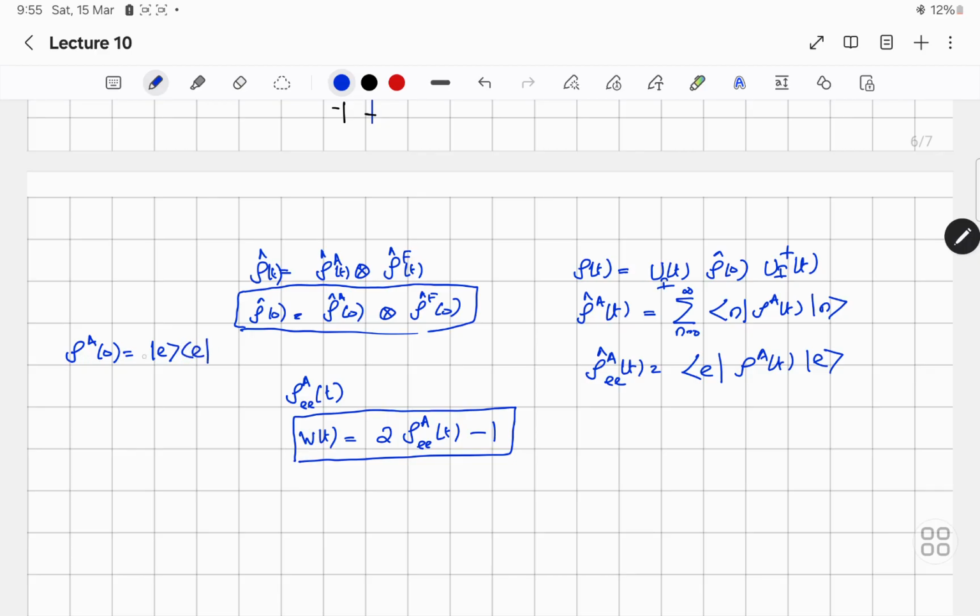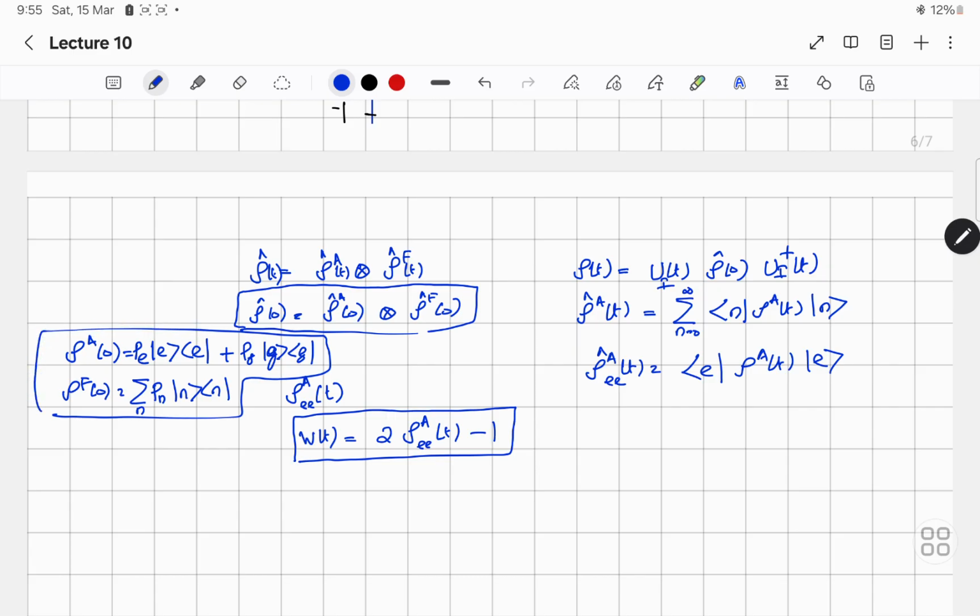So in general, rho_A(0) is P_E |e><e| plus P_G |g><g|. So this is a general state for the atom. And rho_f(0) in general is the sum over n of P_n |n><n|. Okay, so these are the initial states.